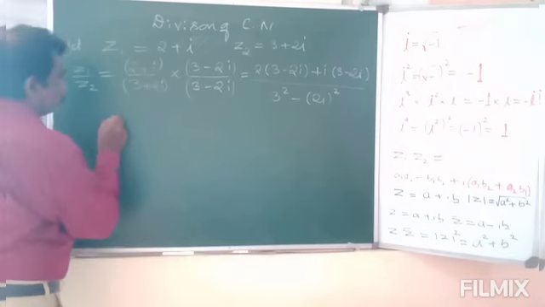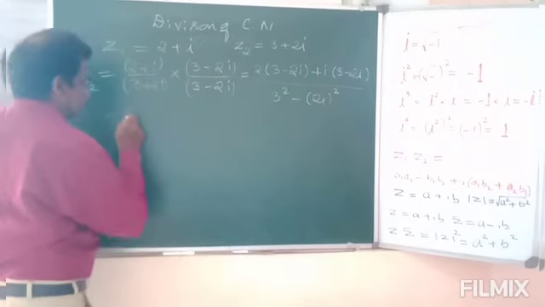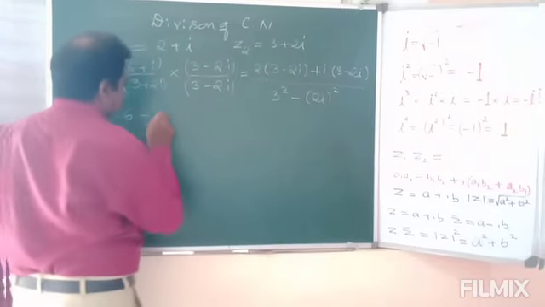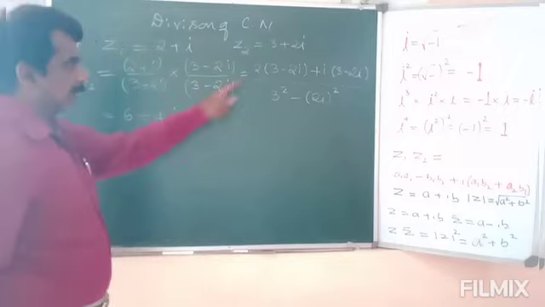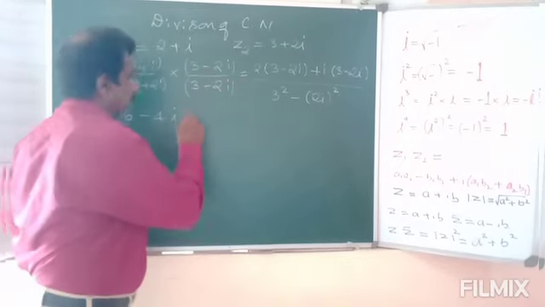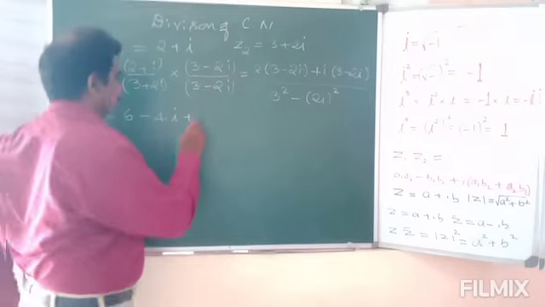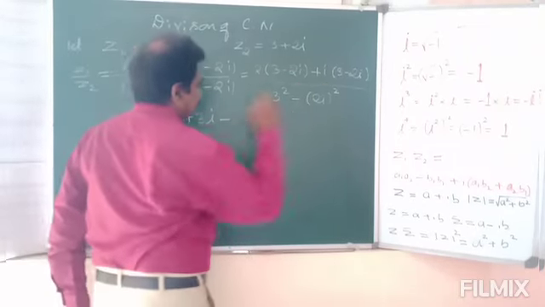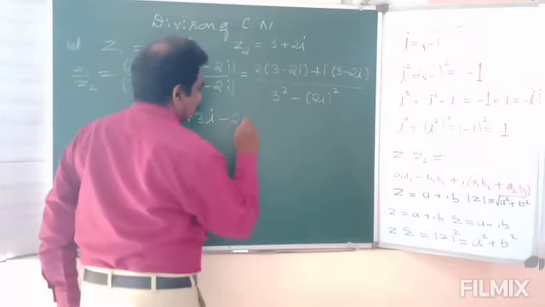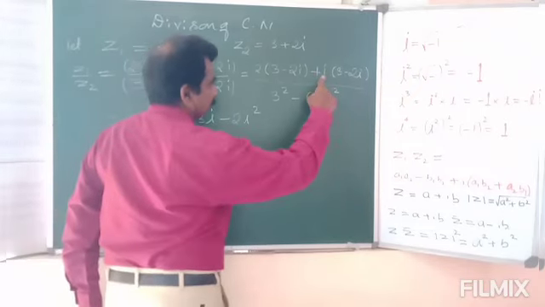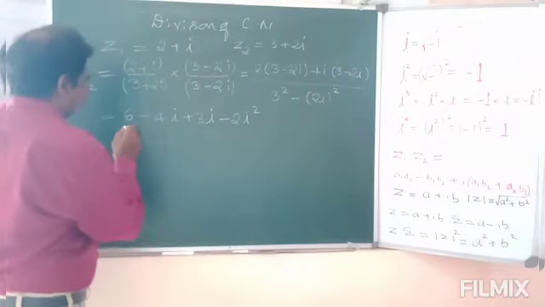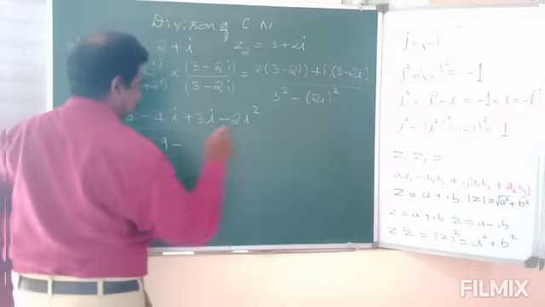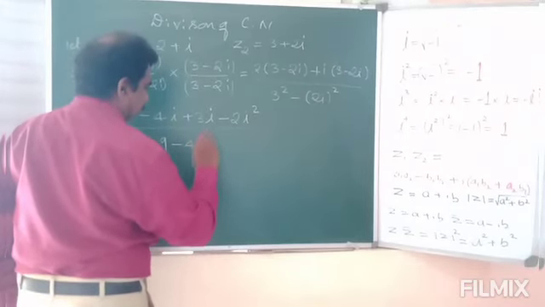Now multiply. 2 into 3 is 6, plus into minus 2 into 2 is 4i, plus 3 into i is 3i, plus into minus 2i square, because i into i is i square, divided by 3 square is 9 minus 2 square is 4 i square.